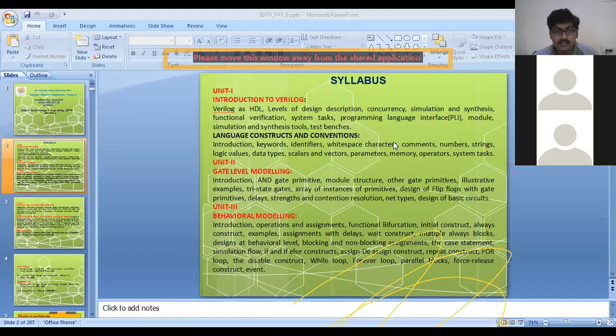And how to disable a construct. We also have while loop, forever loop, parallel blocks, force release construct, and events. We have different types of events also there.